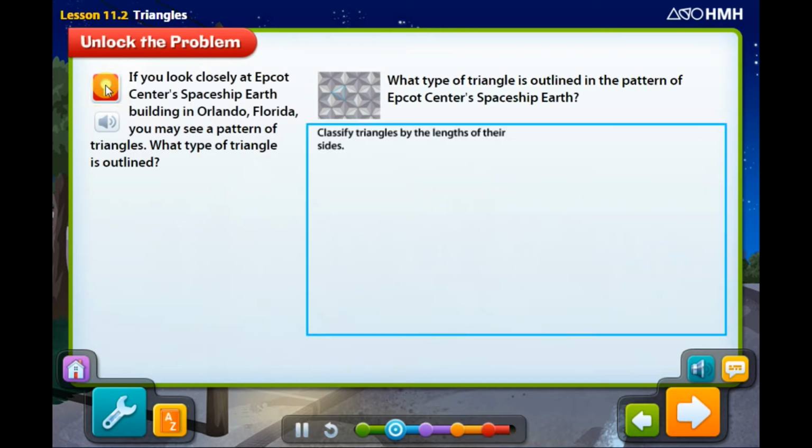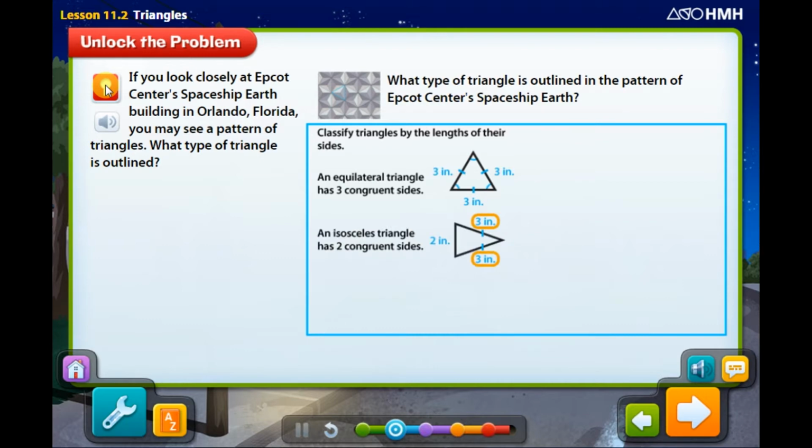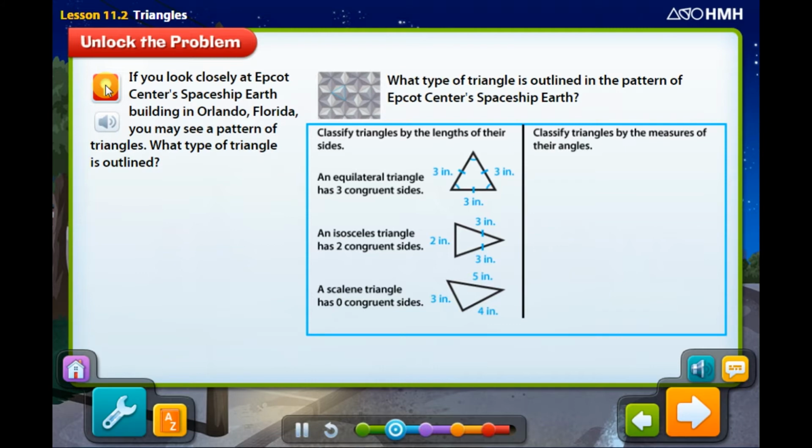Let's explore how to classify triangles by the lengths of their sides. An equilateral triangle has 3 congruent sides. An isosceles triangle has only 2 congruent sides. A scalene triangle has 0 congruent sides. Another way to classify triangles is by the measures of their angles.